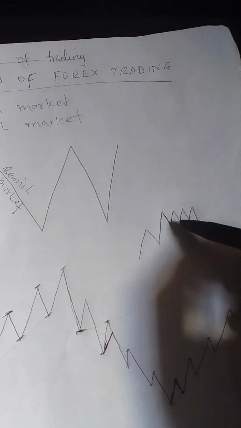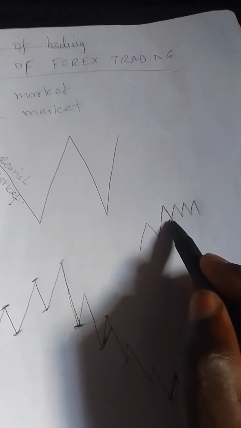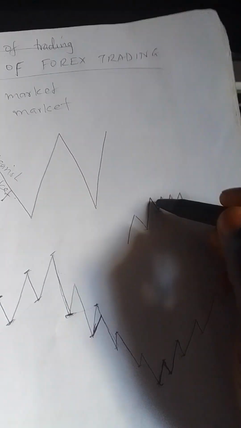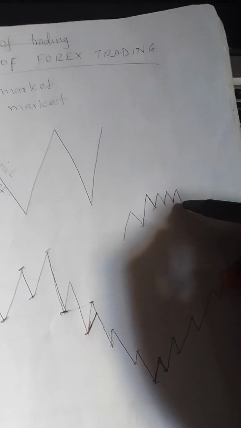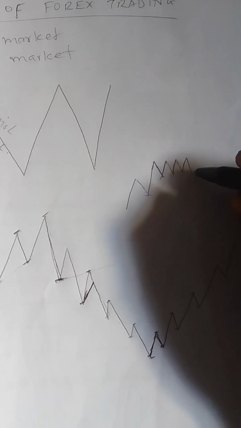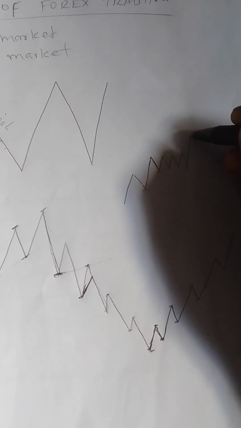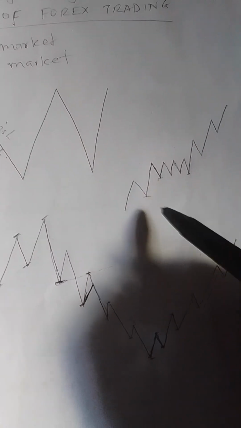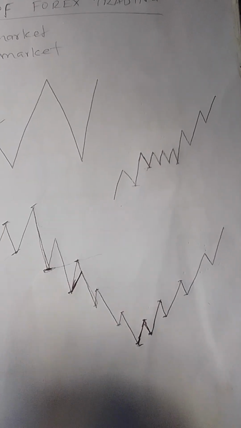Now when it is balancing this way, and the lower has not gone below this, it means this market is still going up. After being stable, it will start going up again. So here the market was trying to balance, as people were entering the market.